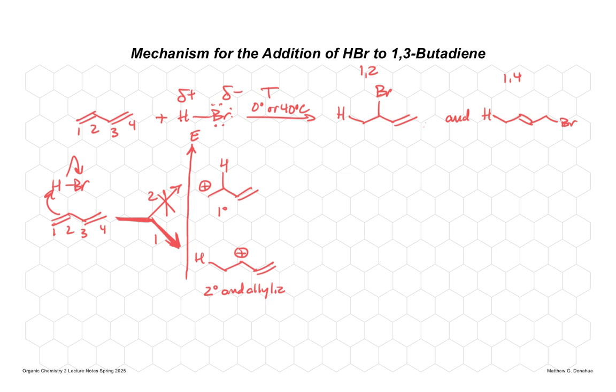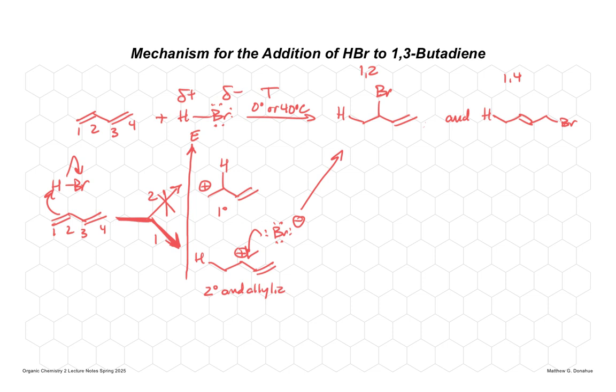And so now we have this secondary allylic carbocation, and if we were at colder temperatures, so 0 degrees, we still have this bromide anion in solution, and it would immediately trap that carbocation.